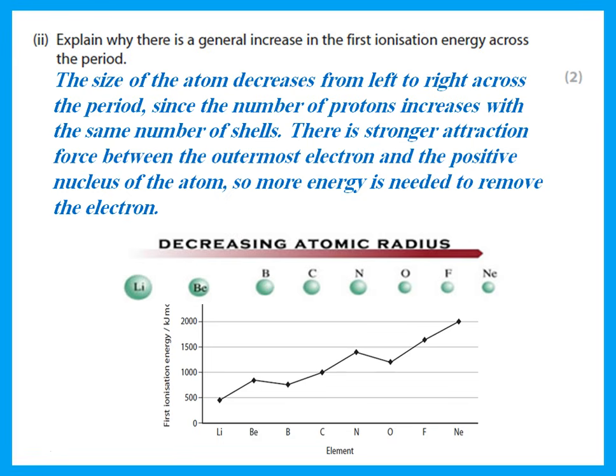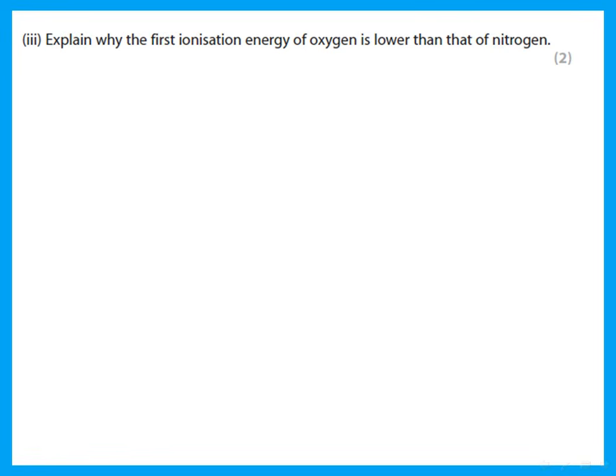Because we said the number of protons increases as we go from left to right, and they are attracting the same number of shells. We're still in the same period. Therefore, there will be a stronger attraction force between the outermost electron and the positive nucleus of the atom, so more energy will be needed to remove the electron as we go from left to right.